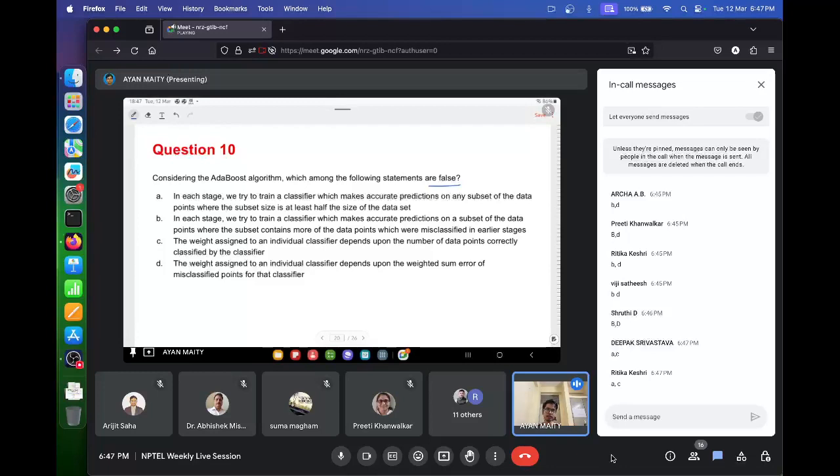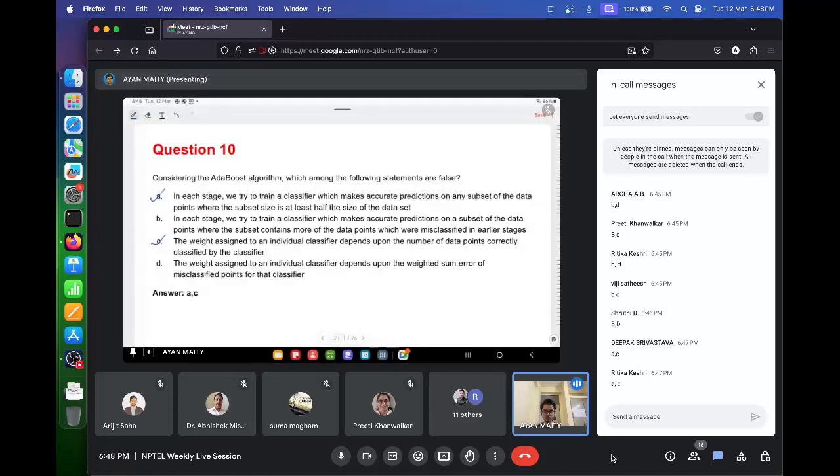Ritika Kesri is also saying A and C. So the correct answers are A and C. So you have to find out false statements.